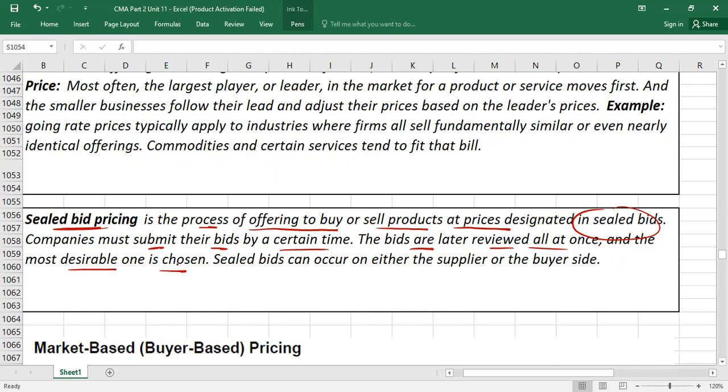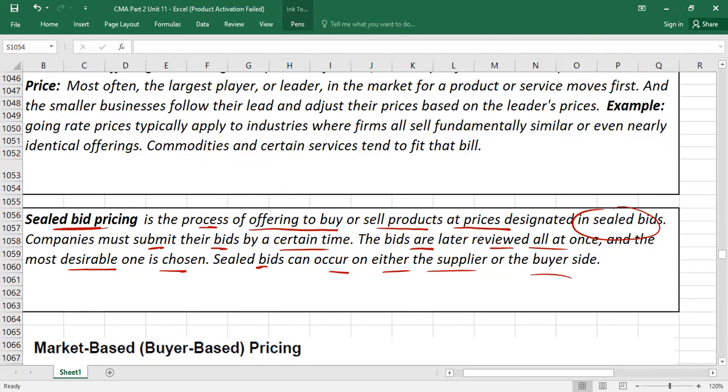If the government feels that ABC company's bid or XYZ's is better in terms of quality, cost and price, they will select that one. So sealed bids can occur on either the supplier or the buyer side. If you want to provide your services and you are bidding, it is like the supplier side. Or if you want to buy something and you are quoting a price, that is like the buyer side. Understood? So it can be from both the supplier or buyer side.